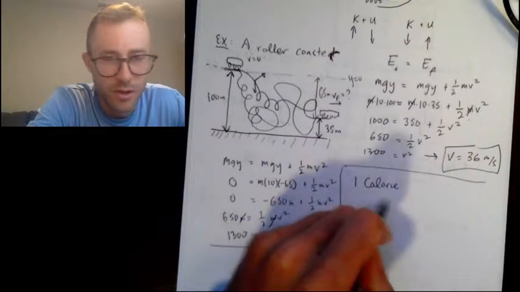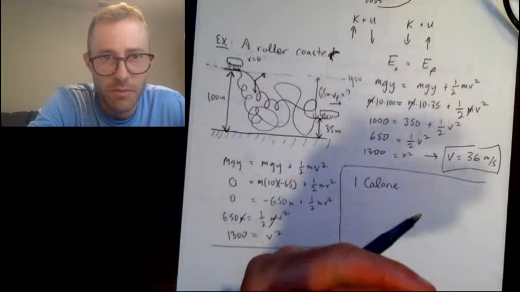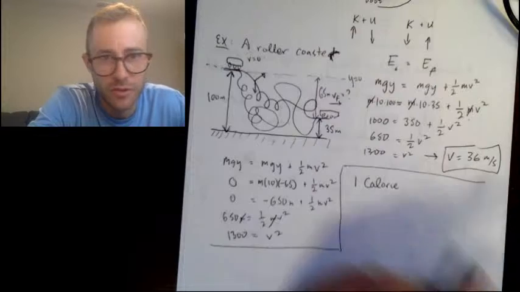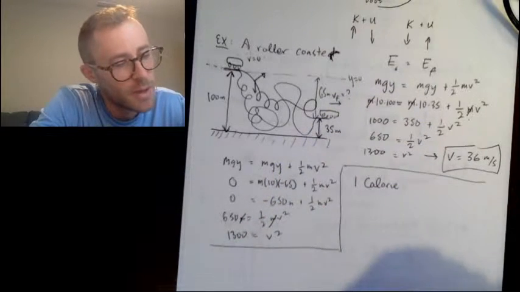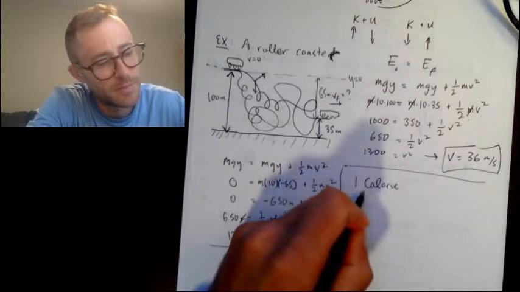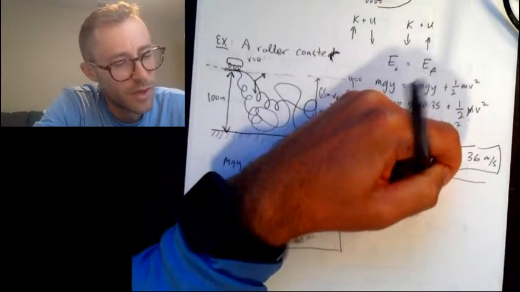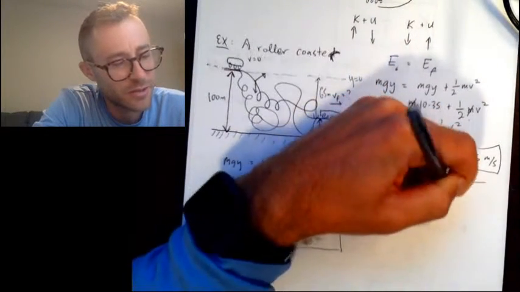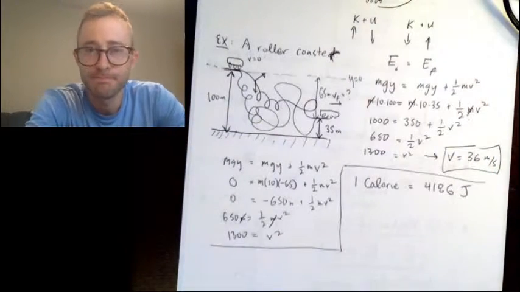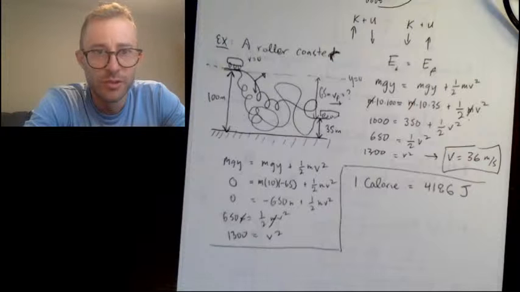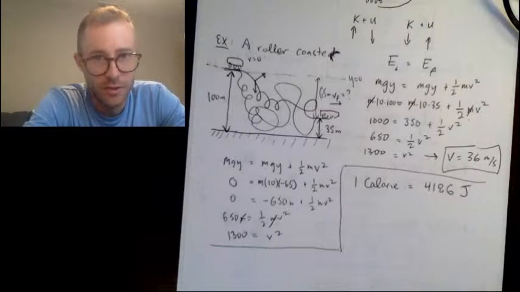Typically, calories are used to measure thermal energy, but it's just another unit of energy. Okay. The calorie, 1 calorie, is equal to 4,186 joules. Okay. So joules and calories are both measuring energy.